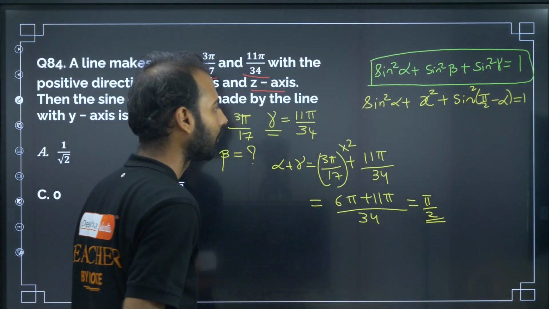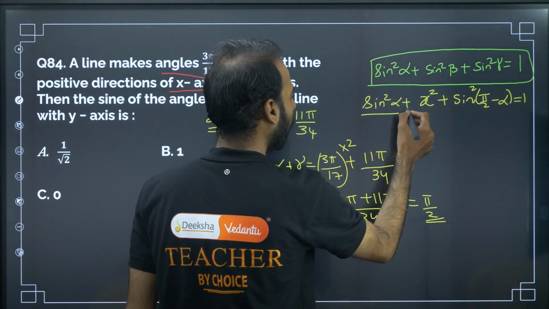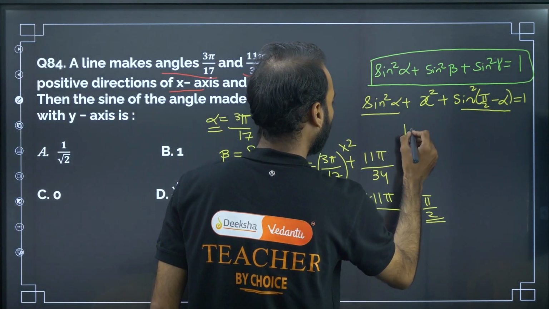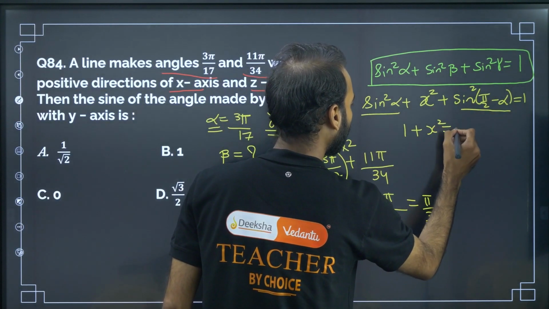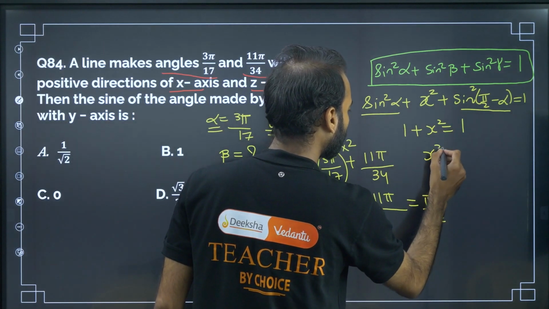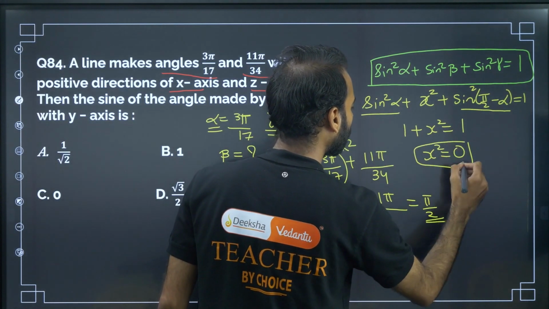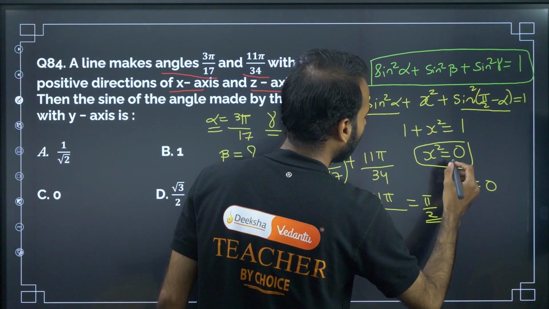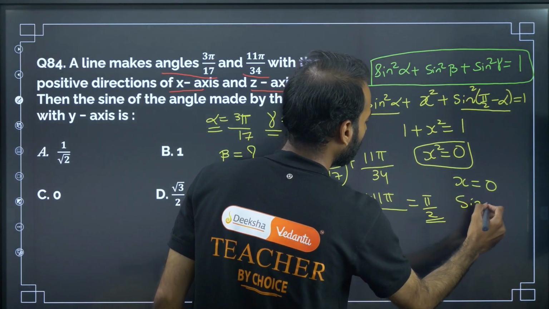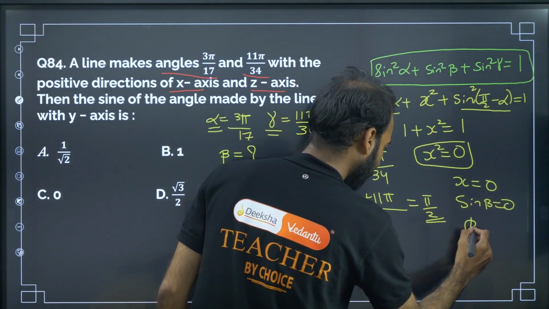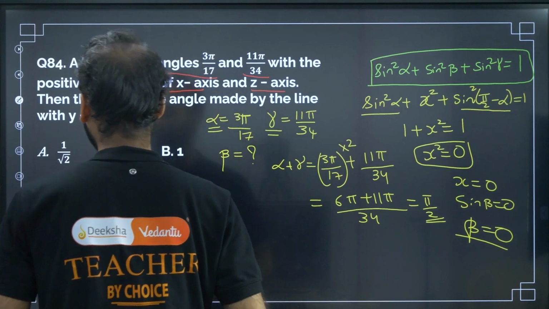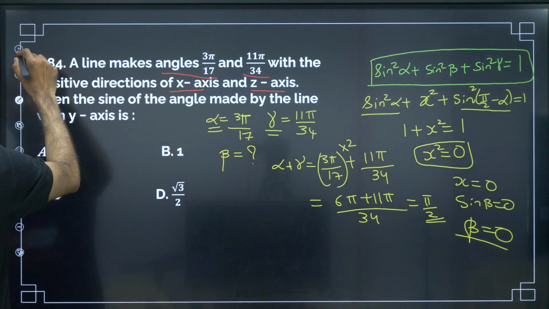Now sin square alpha plus cos square alpha is 1, so 1 plus x square is 1. That means x square is 0. That means x is 0. That means sin beta is 0, which implies beta is 0. Any option with beta 0, C is the answer. Moving on to next question.